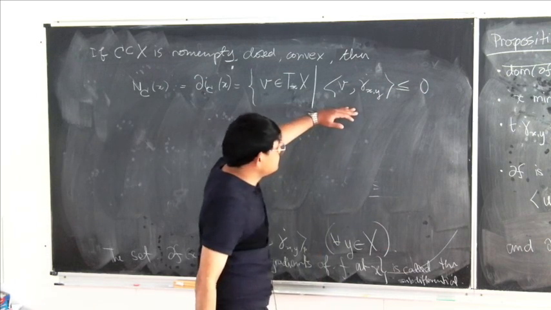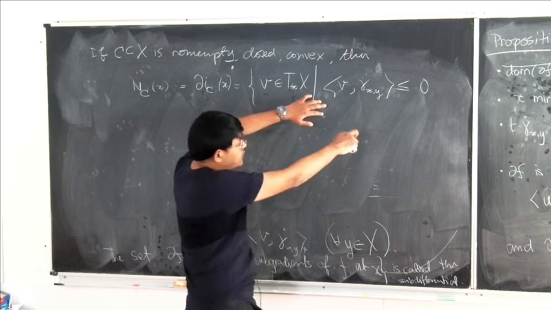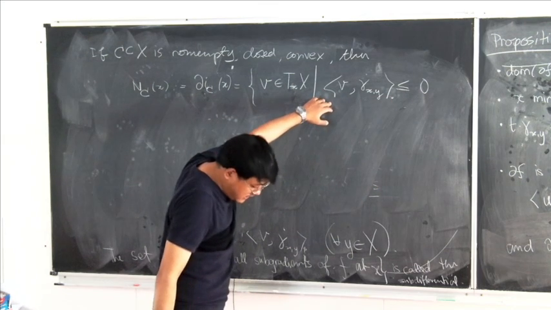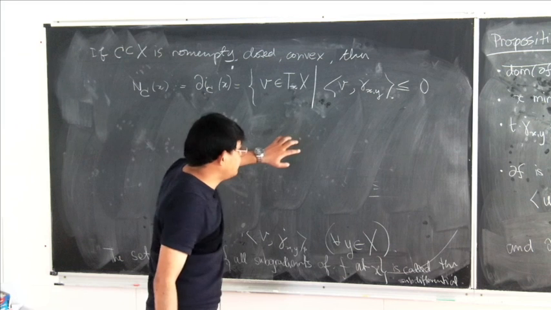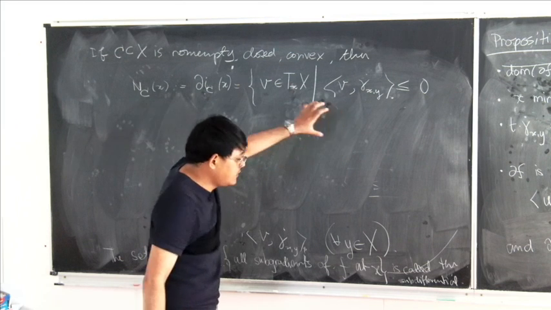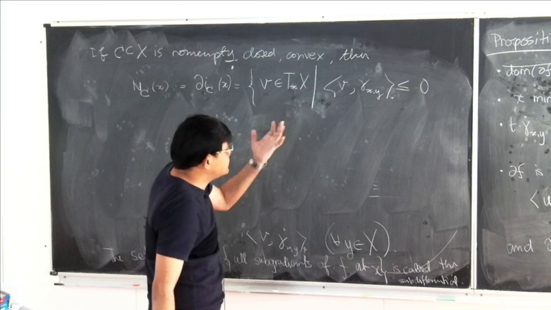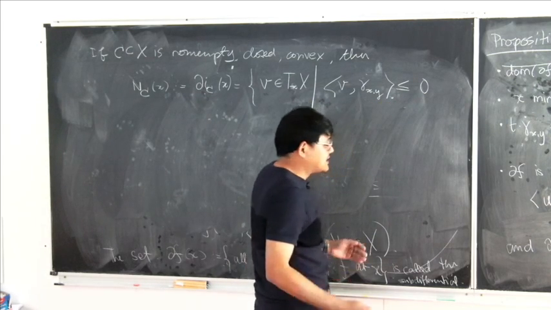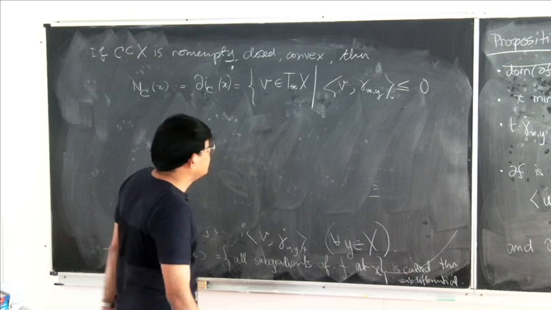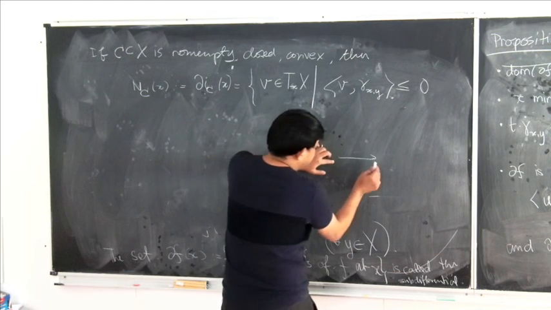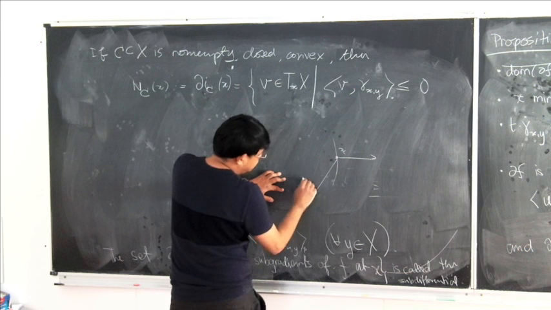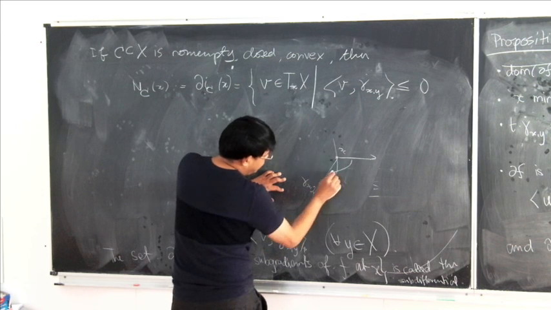So remember, the definition of this product, the formula, involves the cosine. So it being negative means it makes an obtuse angle. So v is here and x is here, and this gamma_xy is making an obtuse angle.